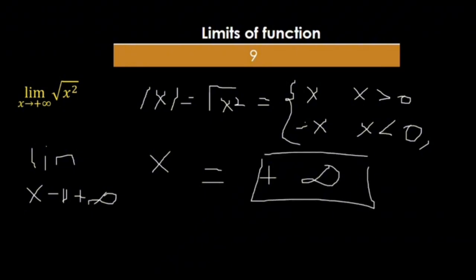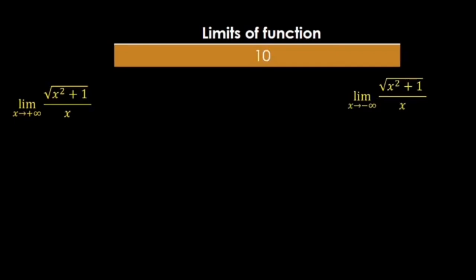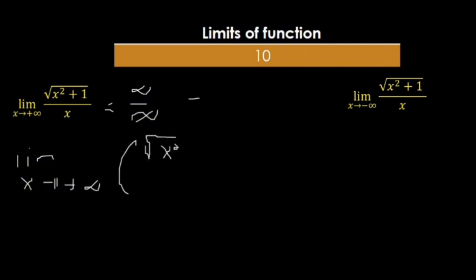Then move to the next question. That is the limit as x tends to plus infinity of the square root of x squared plus 1 all over x. We still use the same strategy. If you substitute directly, we are going to have infinity all over infinity and it's undefined. So we move to the limit as x tends to plus infinity of the square root of x squared times the square root of 1 plus 1 all over x squared, because we took out this x squared, all over x.